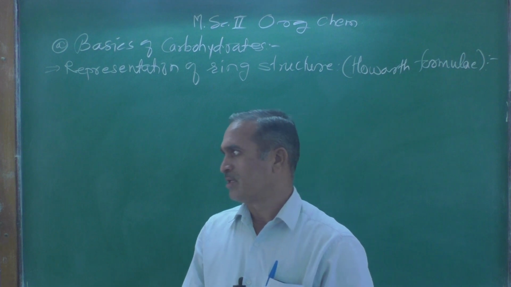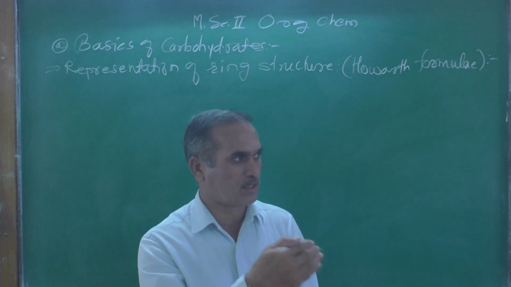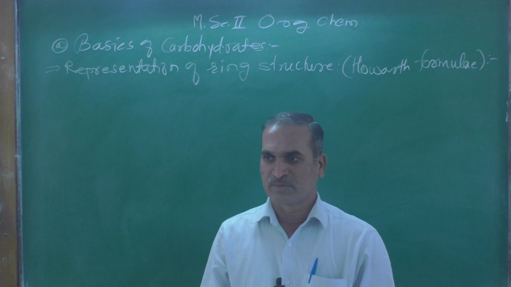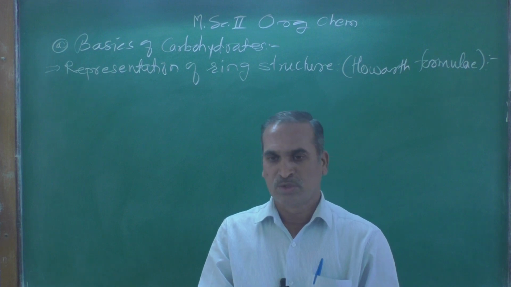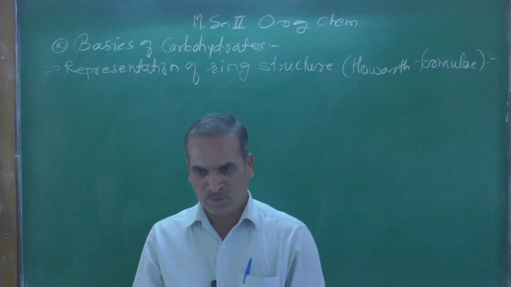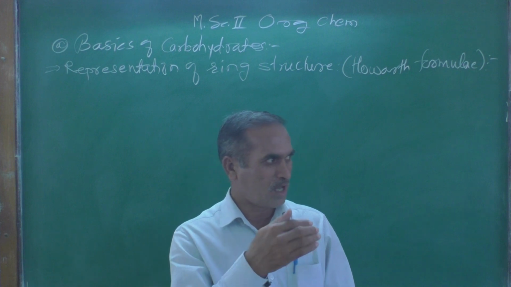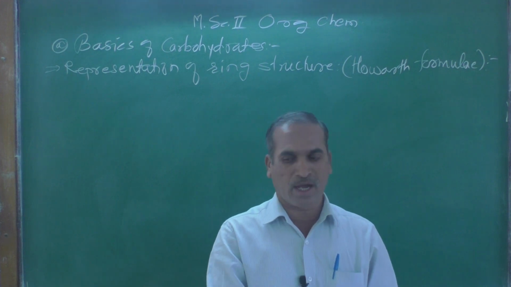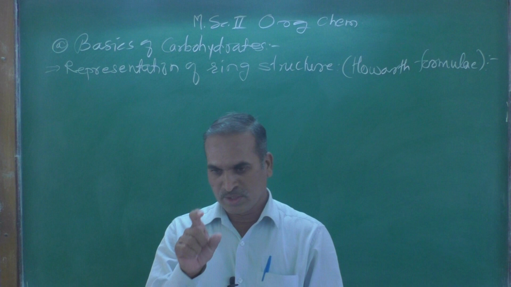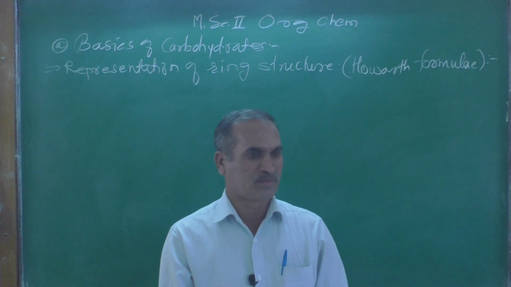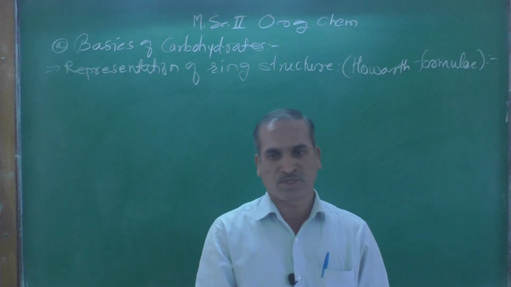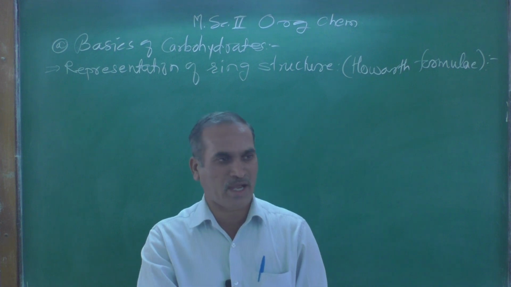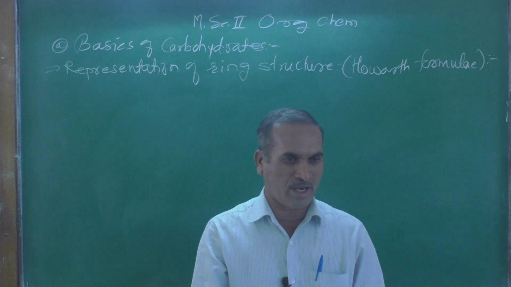One is an alpha form and another one is a beta form. How do we recognize whether it is alpha D glucose or beta D glucose? It depends upon the hydroxy group which is present at the anomeric carbon atom.